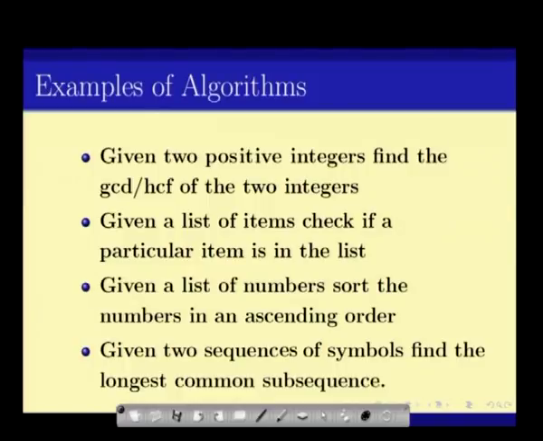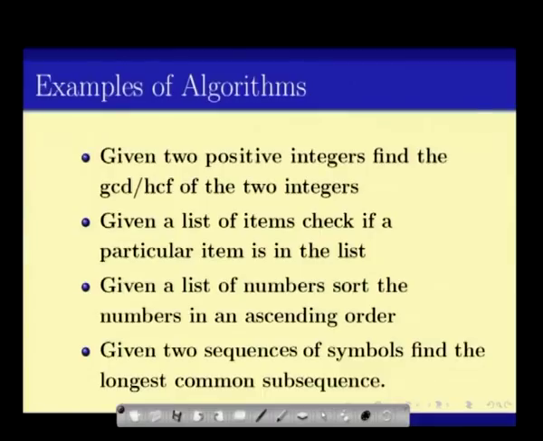These are some of the examples that we have seen in this algorithms lecture series. In all of these cases, we have obtained an algorithm. Most of the time, they are not the most natural algorithm.